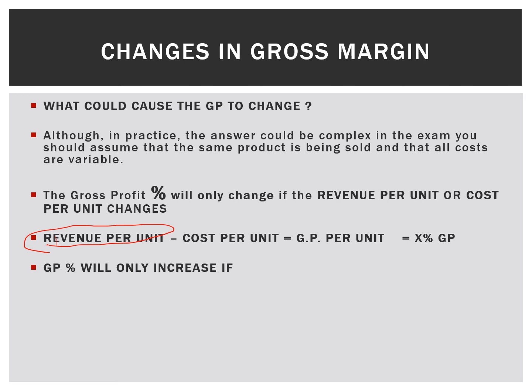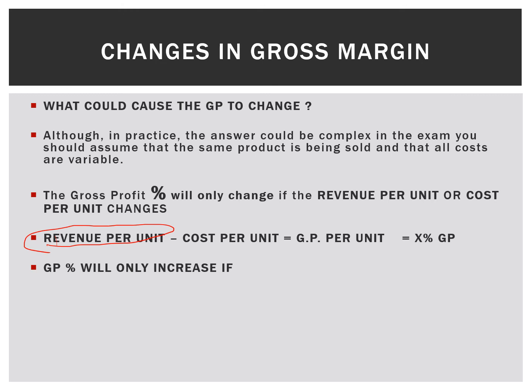That will give rise to a change in the gross profit percentage. If the revenue and the cost per unit both go up because more units have been sold, then yes, the gross profit will change, but as I've said before, the gross profit percentage will not change just because we've sold more.